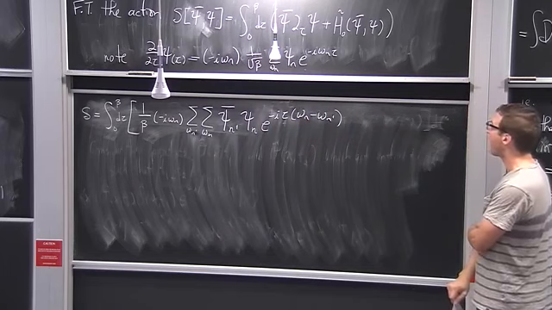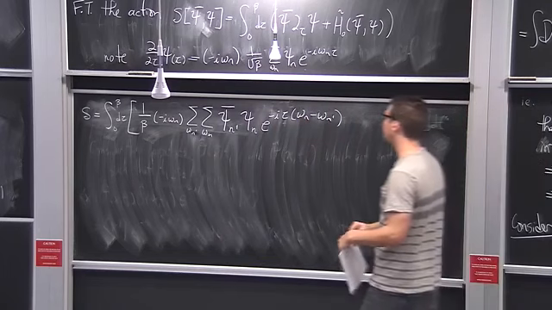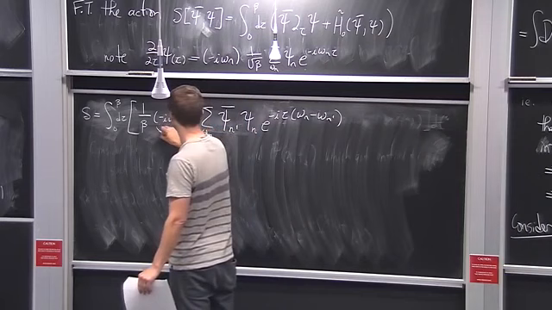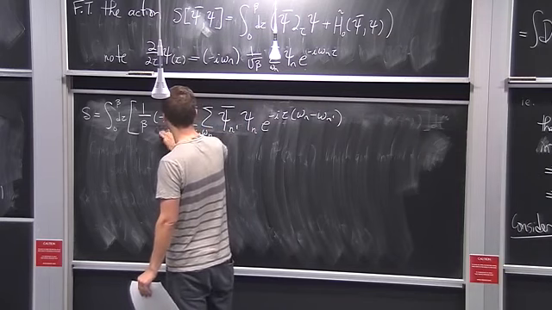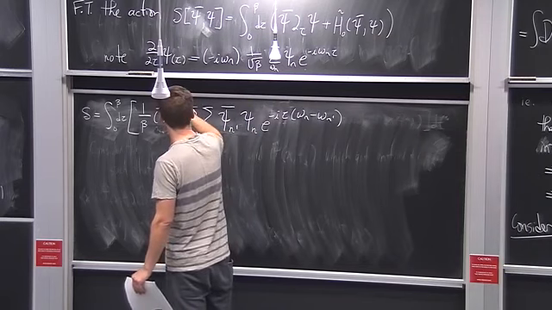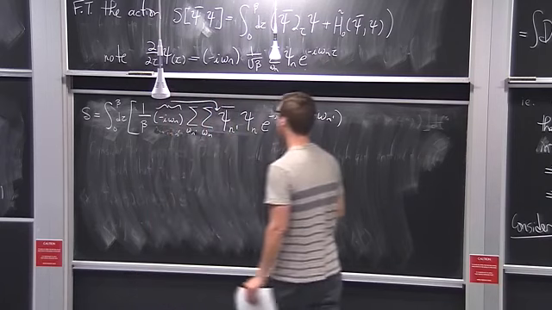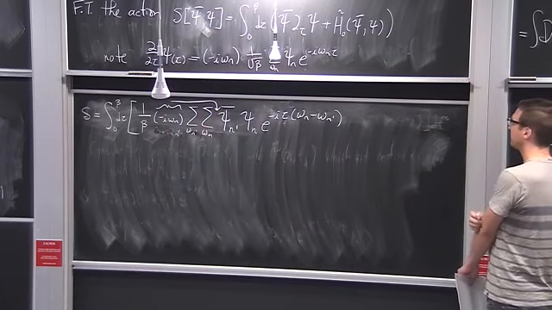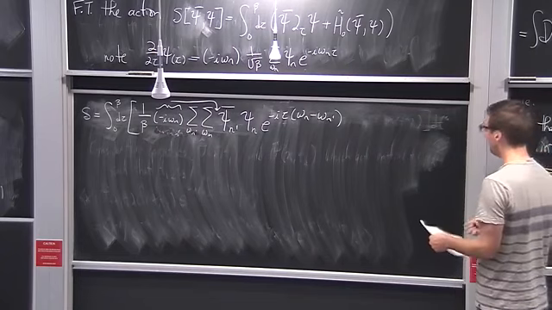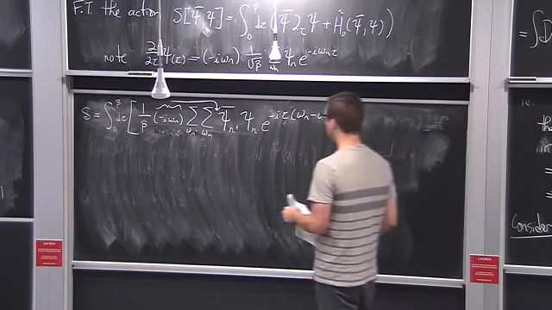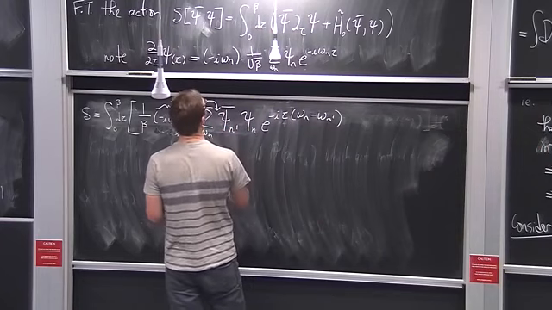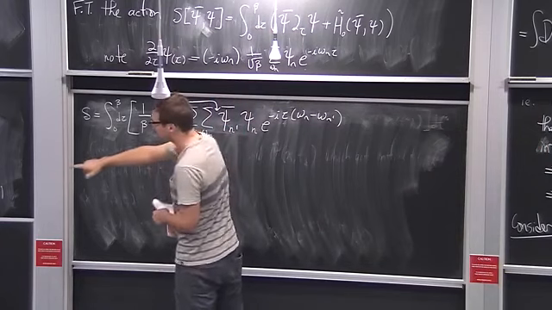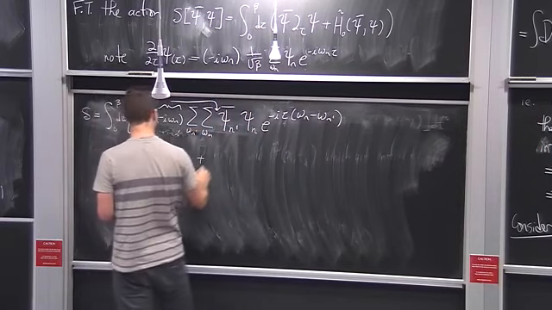Omega n should be inside this one, no? Oh yeah. Okay, so that's the first term from the tau derivative. And then the second term, well, you just have your Hamiltonian, which is written right here.